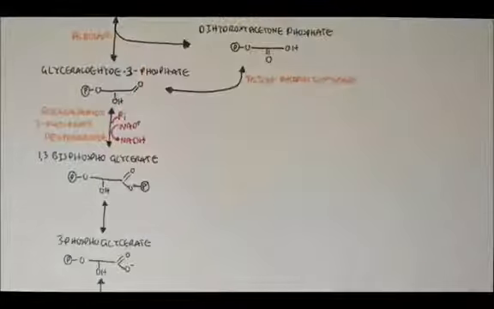So 1 glyceraldehyde 3-phosphate with the enzyme glyceraldehyde 3-phosphate dehydrogenase will convert to 1,3-bisphosphoglycerate, the phosphate coming from inorganic phosphate.